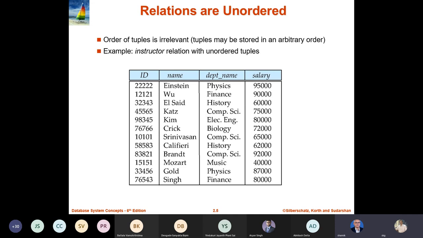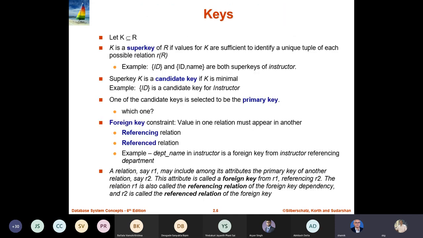So what we see is what the keys are, by which I can identify a tuple. A key K is a subset of the relational schema R, that is, a set of attributes in R. K is a super key of R if the values of K are sufficient to identify a unique tuple of each possible relation r(R).